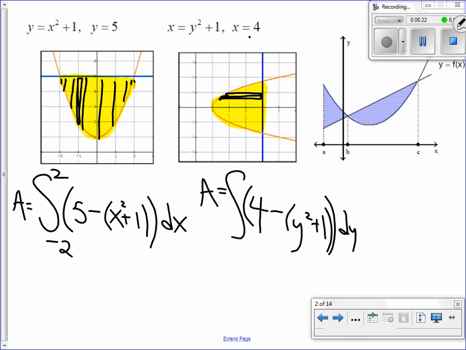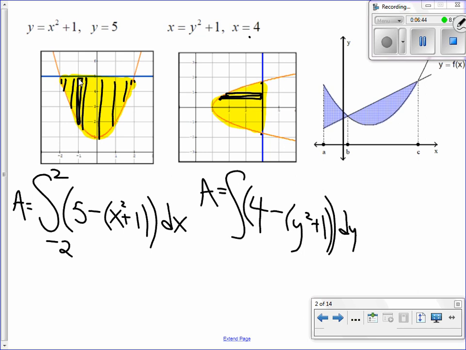And very important, the limits of integration, smallest y to greatest y. So I'm looking at it, it's from this y to that y, but it's not clear what it is. How am I going to find out what my limits of integration are? Set them equal to each other.